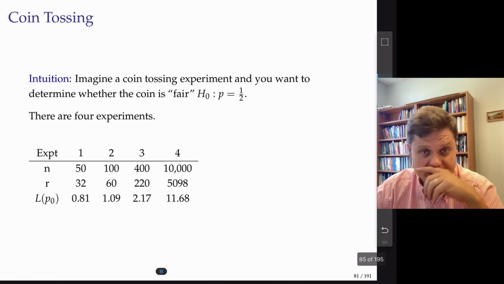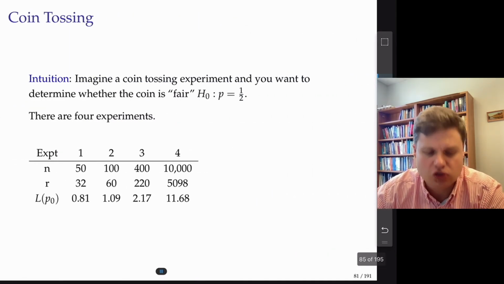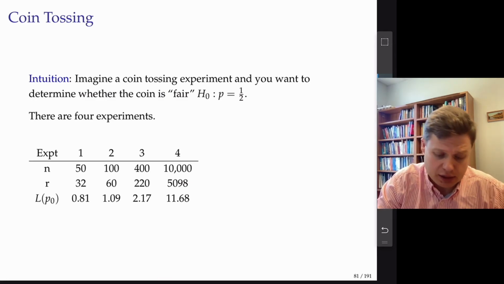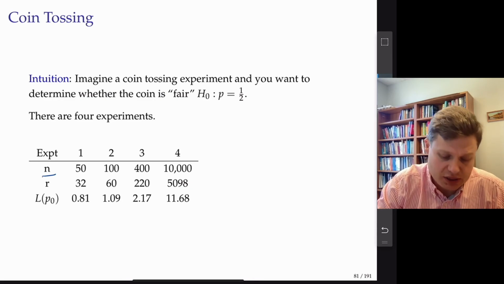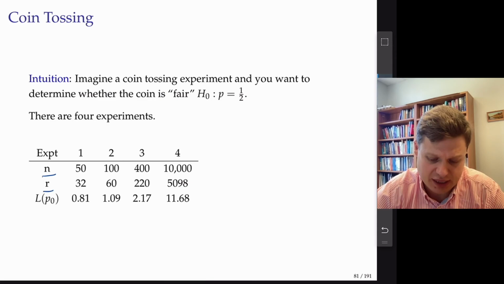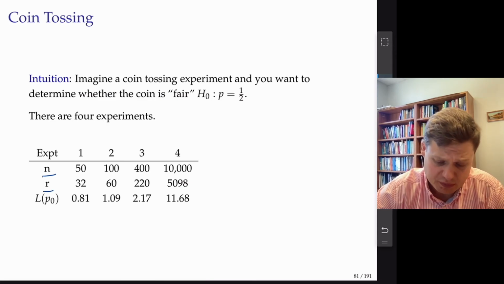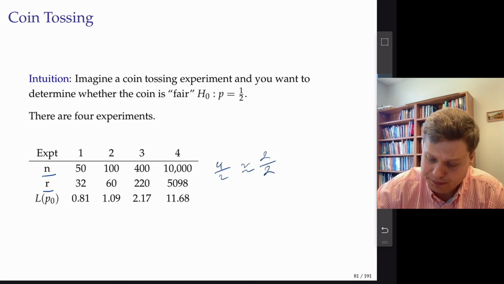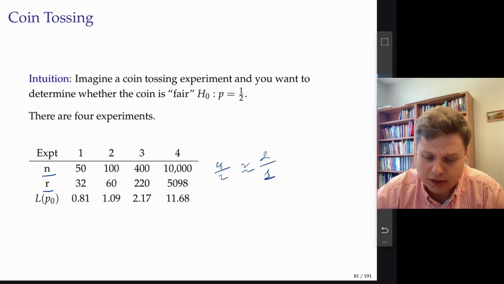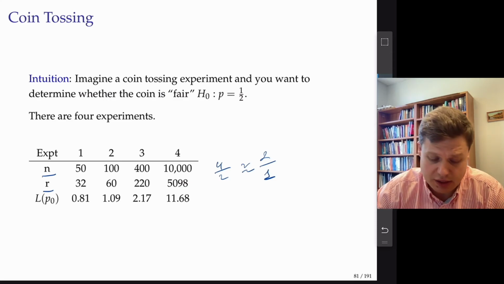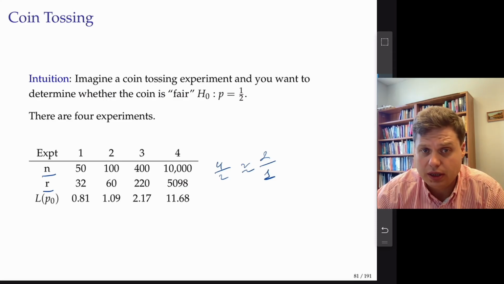And let's look at a simple experiment. We toss a fair coin, and n shows the number of tosses and r shows the number of favored outcomes, let's say tails. In each of the cases, the ratio of n to r is roughly 2 to 1. Of course, the null hypothesis is that the coin is fair, and the alternative hypothesis is that the coin is not fair.